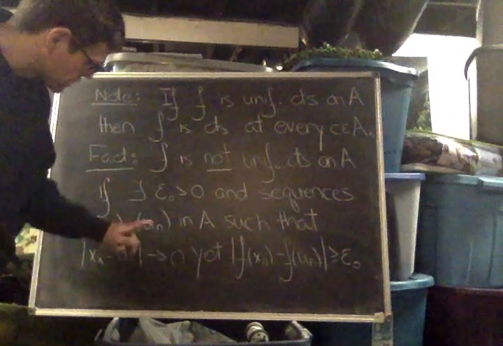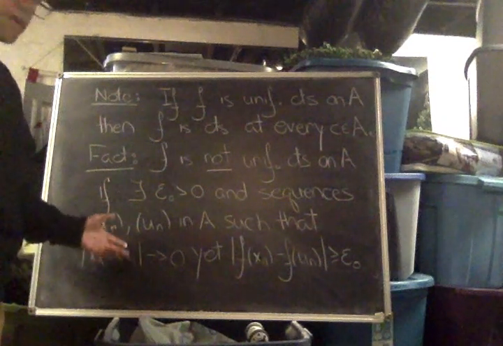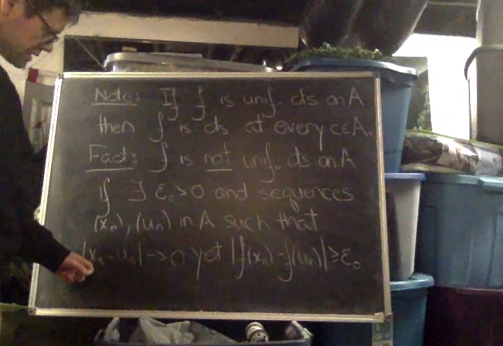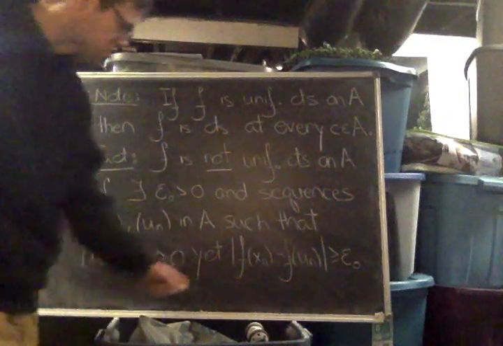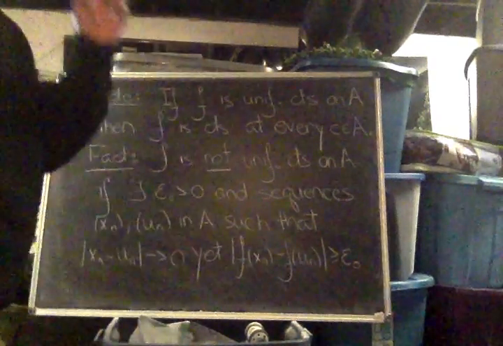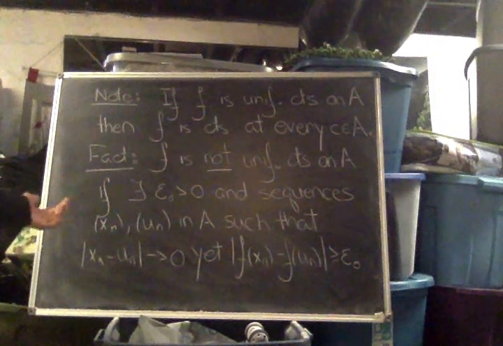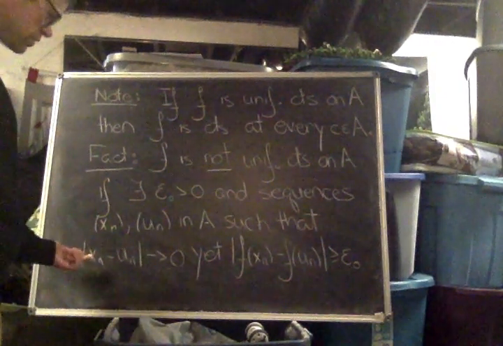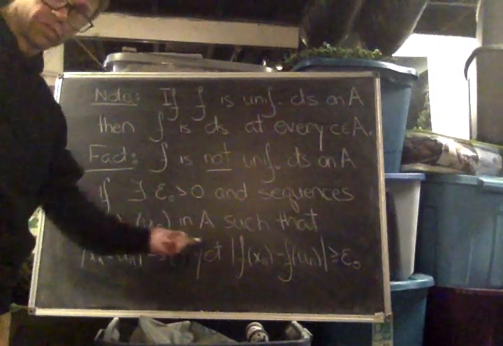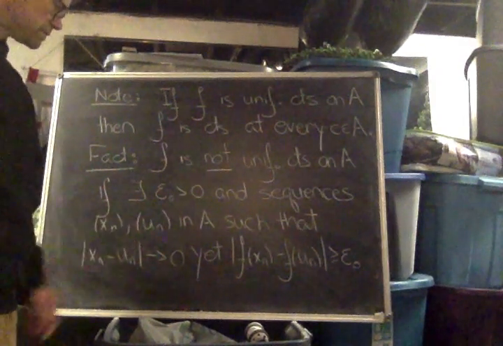So replace all the un's with c. And then you would have the definition of the failure of continuity, because you would have a sequence xn converging to c such that f of xn does not converge to f of c. Okay? But here the failure of uniform continuity means you even need to allow for these two sequences, xn and un, to move around all over the domain. Okay? And nevertheless have this fail.